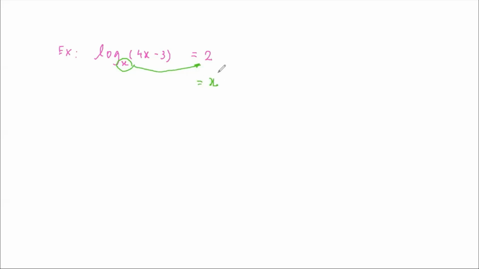Put 2 up to be a power of x. Then when you convert, the log is gone, you left 4x minus 3. So you write down this side 4x minus 3. So from this one, we're gonna have x squared minus 4x plus 3, right, equal to 0.